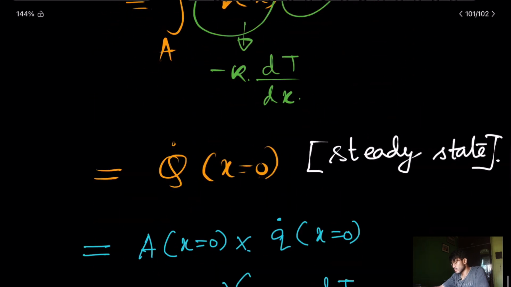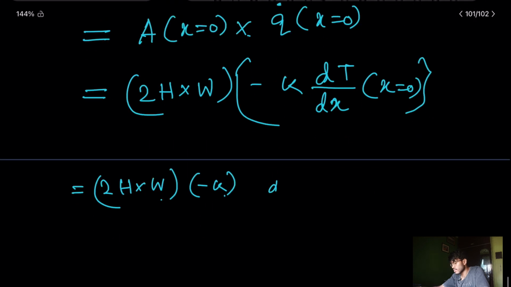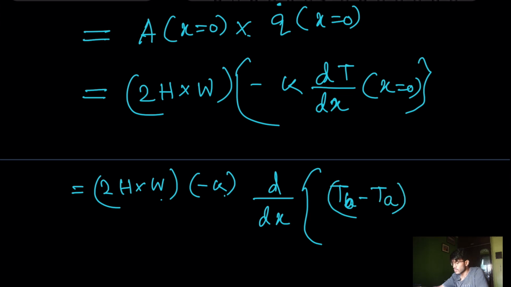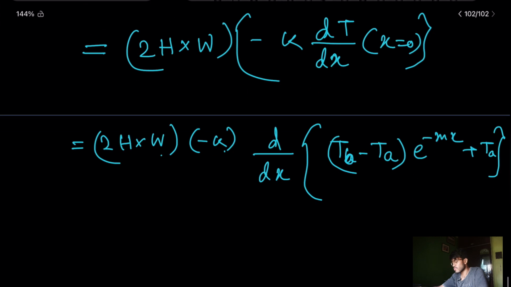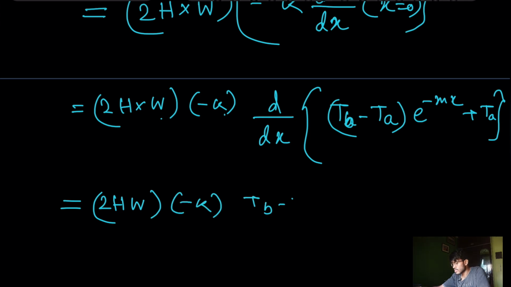So from this equation, T is equal to (Tb minus Ta) into e to the power minus mx plus Ta. This is equal to T of x. So this will be equal to 2hw into minus k. Tb minus Ta is a constant, it will come out of the derivative. Ta is a constant, its derivative will be 0. This will be e to the power minus mx into minus m.